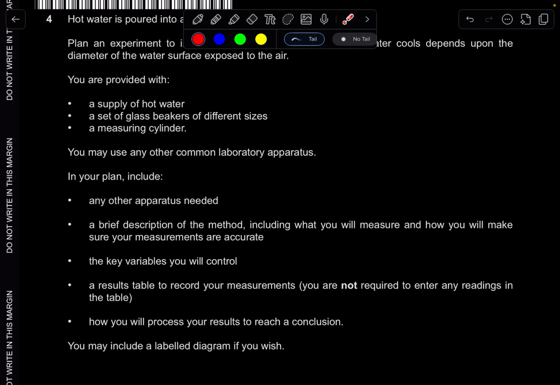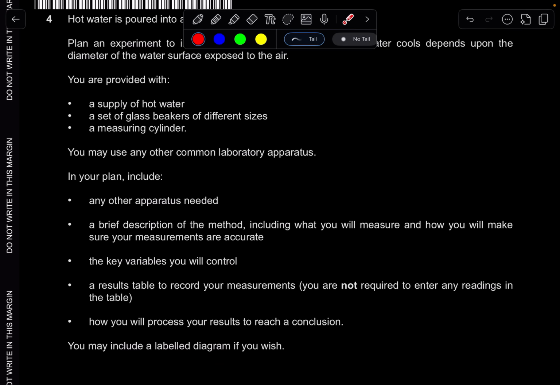Then you have to include the key variables you will control, that is called the constant variables. A results table to record your measurements you have to draw, and you are not required to enter any values in that. How you will process your results to reach the final conclusion, right? You may include a labelled diagram if you wish to.